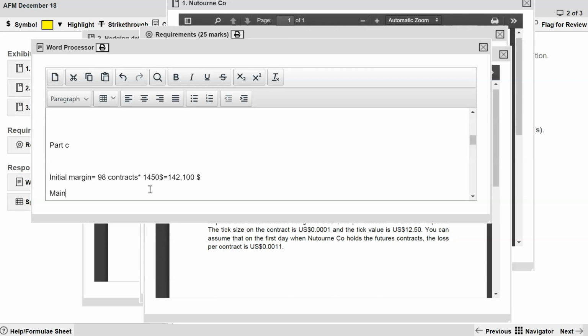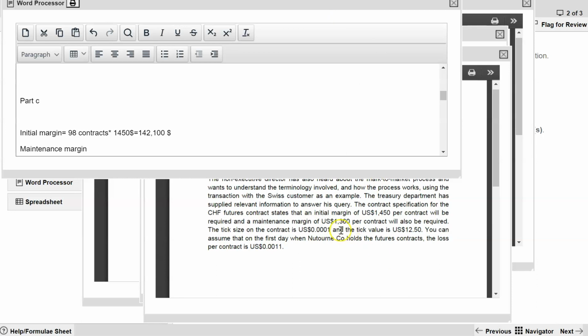What about the maintenance margin? Your maintenance margin should be $1360. So 98 into 1360 is $133,280.